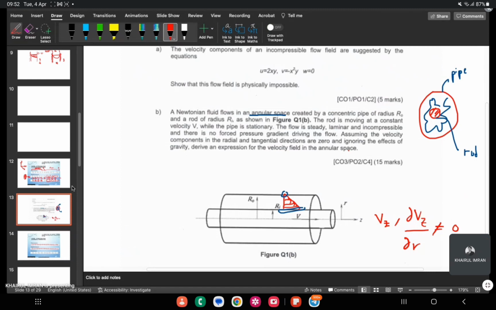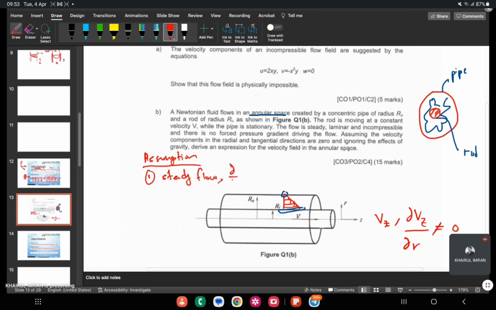Okay. Next is assumption. Assumption, like before, ada 4 kan assumption. Or sometimes kalau you nak letak 6 pun tak apa. Include sekali dengan pressure as well as gravitational effect. So number 1, steady flow.